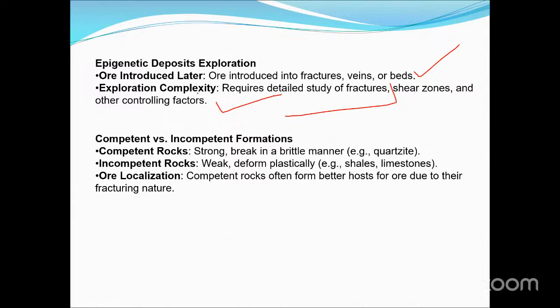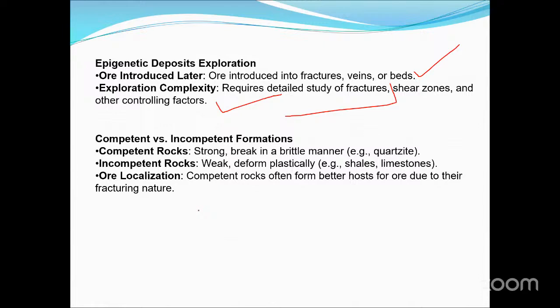Compared to syngenetic deposits, there are also competent versus incompetent formations. What are competent and incompetent rocks and their ore localization? We'll discuss this in the present and next slides.